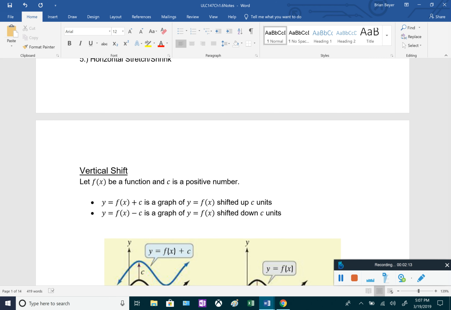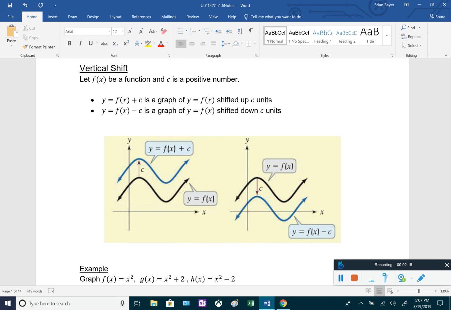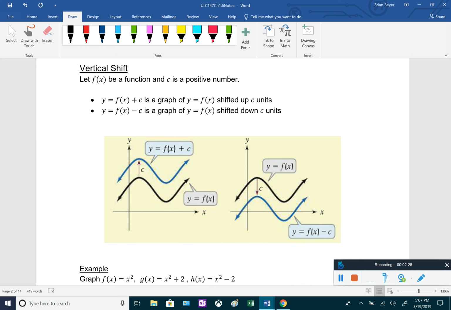So let's start with the vertical shift because it's usually thought to be the easiest. If f of x is a function and c is a positive number, then y equals f of x plus c is the graph of f of x shifted up c units.